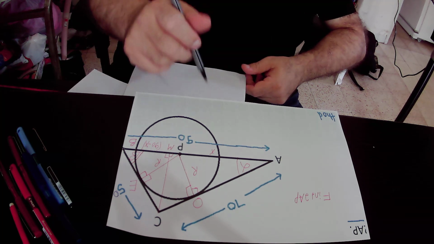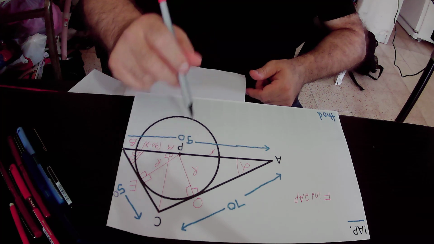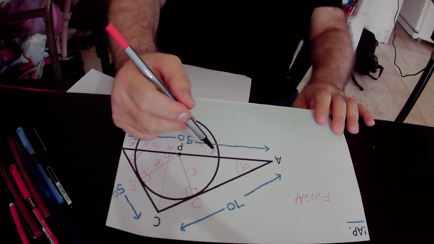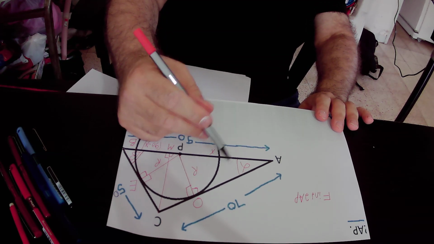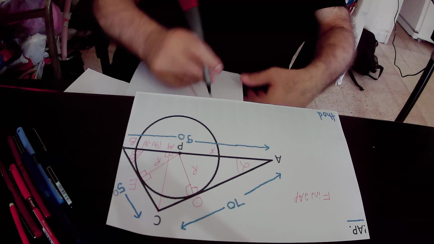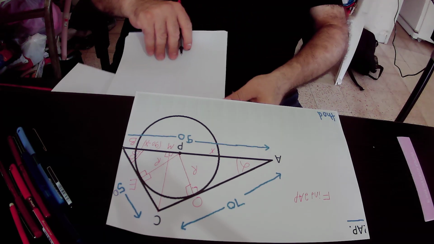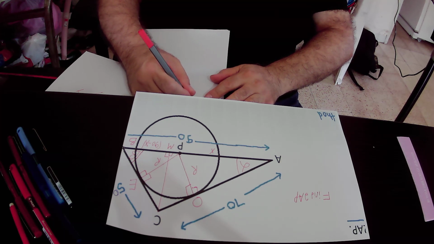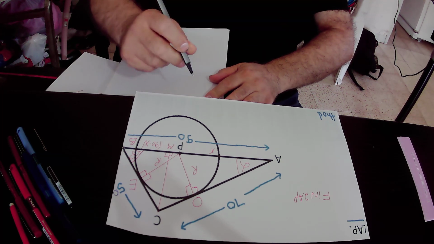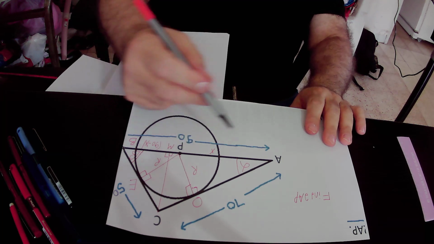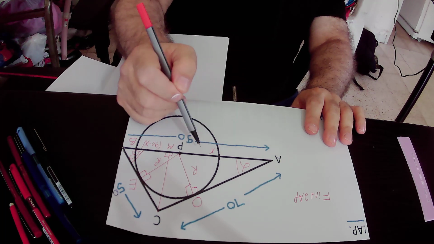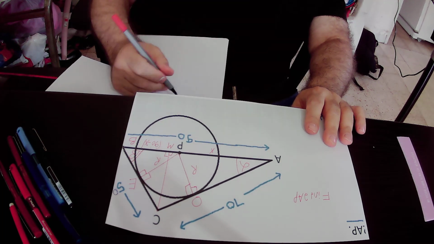First of all, in the right triangle AOP, sinus alpha equals the ratio between the side that is in front of angle alpha, that is to say OP, over the hypotenuse of the right triangle AOP, and the hypotenuse of the right triangle AOP is AP.